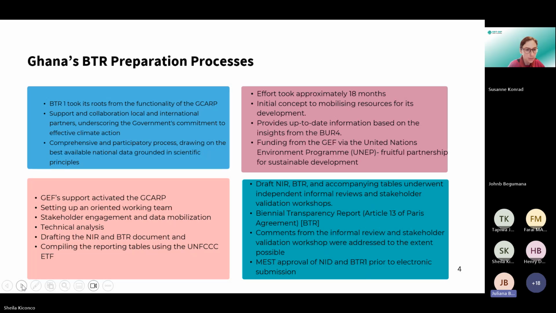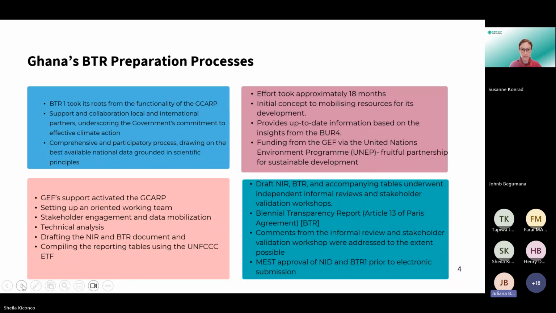So we had to activate the functionality of this GCAP system before we were able to start developing the BTR. We also sought support and collaboration from local and other partners so far as Ghana's commitment to climate action is concerned. The entire process was very much participatory, where we drew on the best available national data that is grounded in scientific principles, in that we have developed a number of reports that are based on scientific grounds. And so we had to also leverage some of these reports.